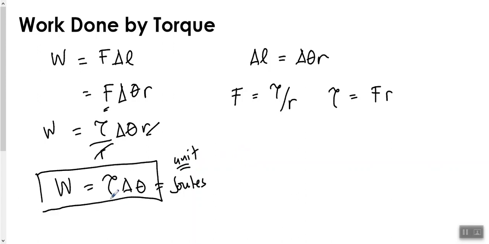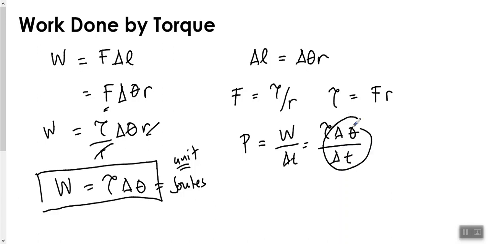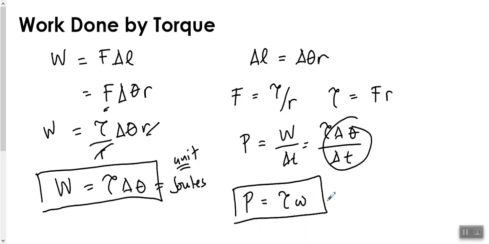So that's Newton meter. And then what about power? Since power is equal to work over change in time, and since work is that, we have torque times the change in displacement over change in time. Does this look familiar again? So rotational power would be equal to torque times angular velocity. What's the unit of power?